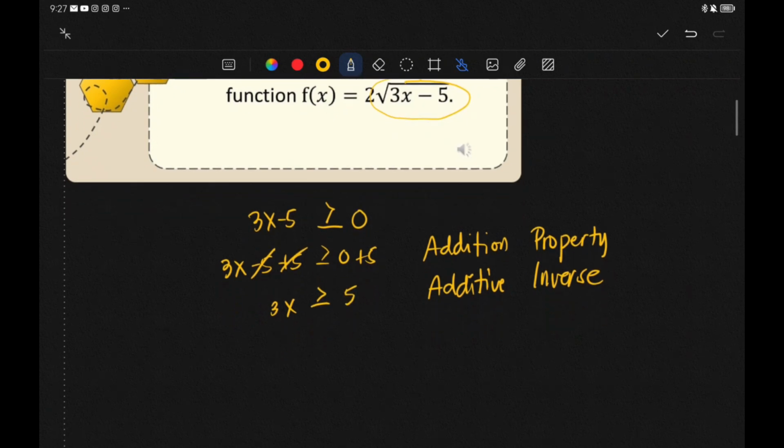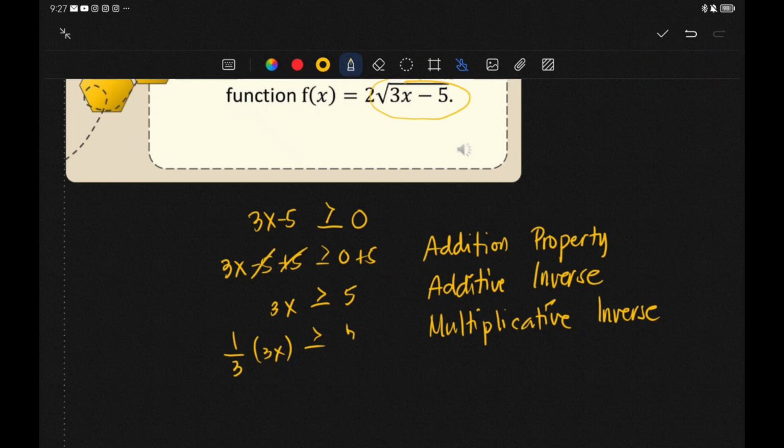Now, let's apply multiplicative inverse. This is 1 over 3 times 3x is greater than or equal to 5 times 1 over 3. So this will become x is greater than or equal to 5 over 3.